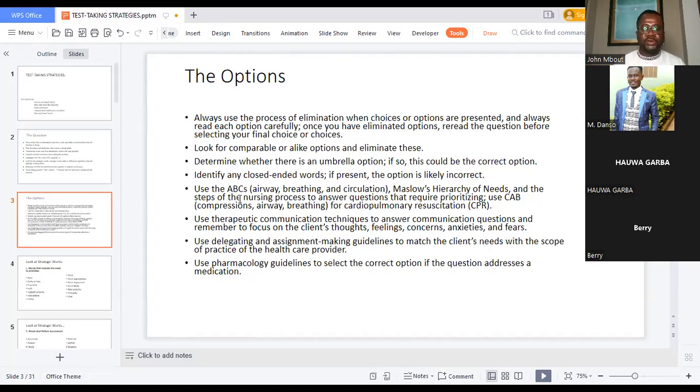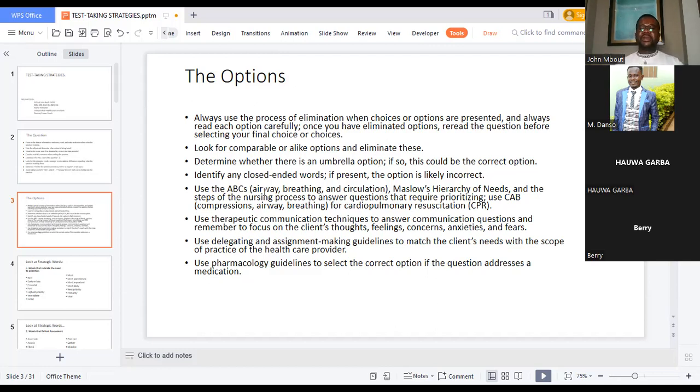We're going to see those examples. You can eliminate options that you are 100% sure cannot be the answer. So if you eliminate two, you are left with two, and it helps, right? By first eliminating those that you are sure are not the right answer.